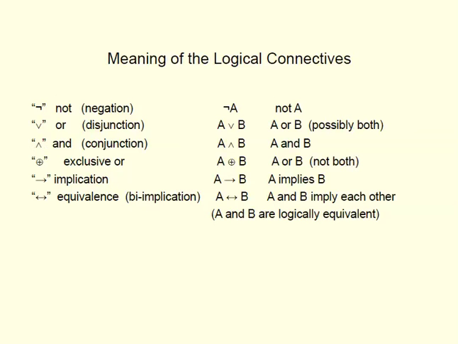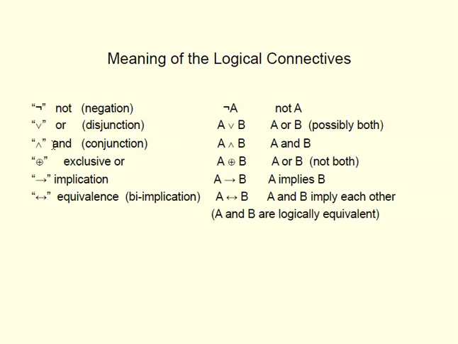But it's important to bear in mind that this or is the logical or, the or that is used in any scientific or mathematical discipline. That means that A holds, or B holds, but both of them could also hold.